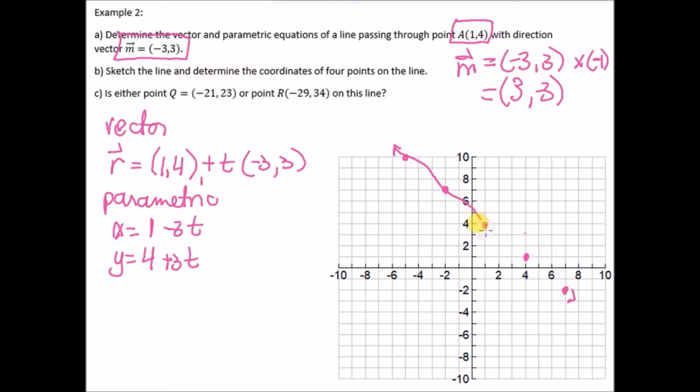Okay, and here are 4 additional points on this line. We have (-5, 10), we have (-2, 7), this is our original point A (1, 4), and we have (4, 1) and (7, -2).